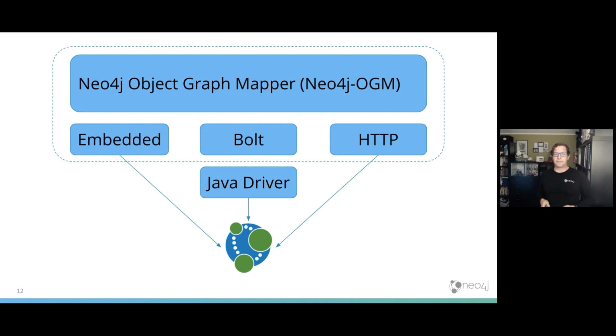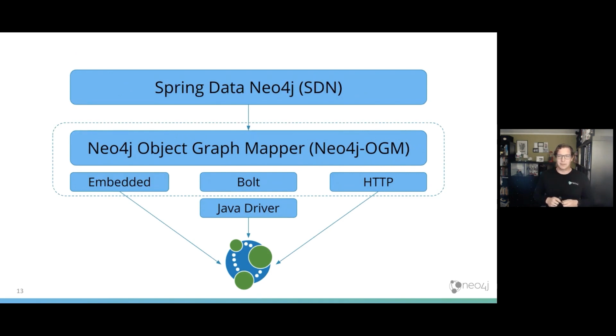So we have these three connection modes: embedded, Bolt, HTTP. They're called drivers. That might be a little bit confusing because we also have the Java driver, and so we favor the term transport modes, just to have a clear definition of this. On top of this sits Spring Data Neo4j, SDN for short.